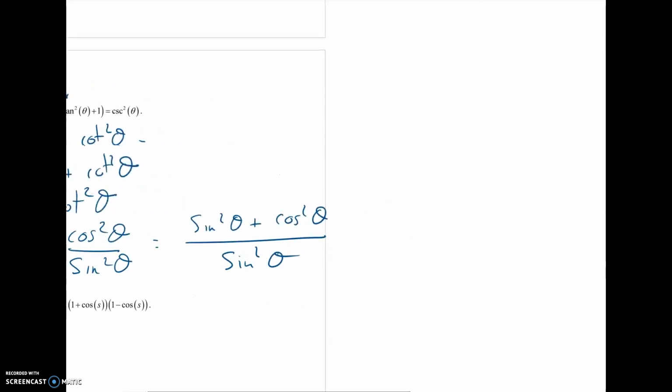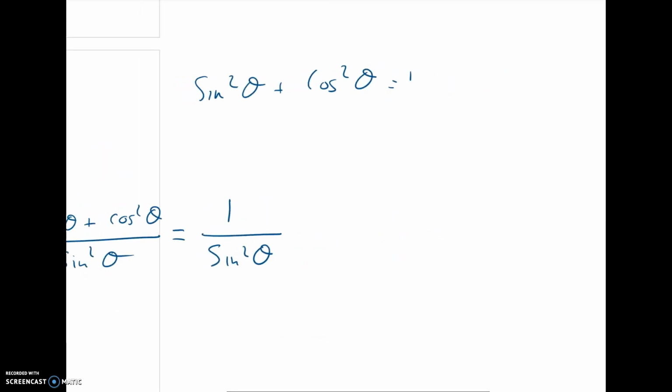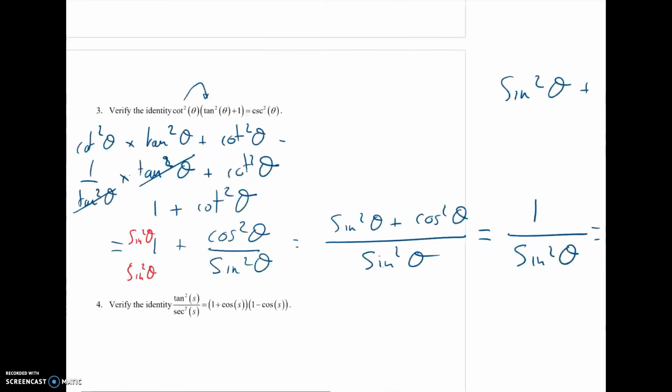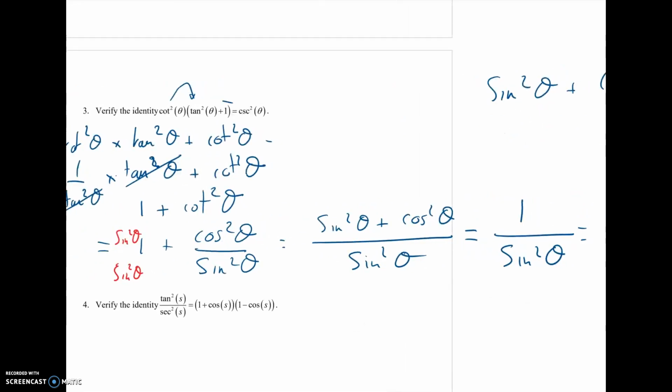I know that sine squared plus cosine squared is equal to 1, so this expression is going to be 1 over sine squared theta, because I know that cosecant of the angle equals 1 over sine of the angle theta. I can fairly say that 1 over sine squared is equal to the square of your cosecant. And yes, you proved that this part of the equation right here is equal to the other part of the equation. Okay?